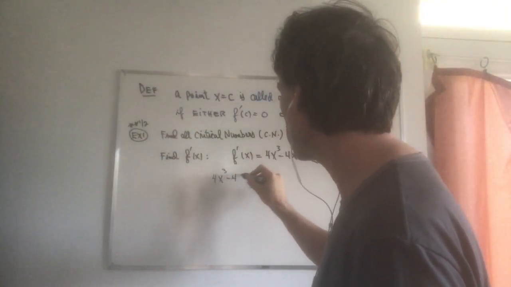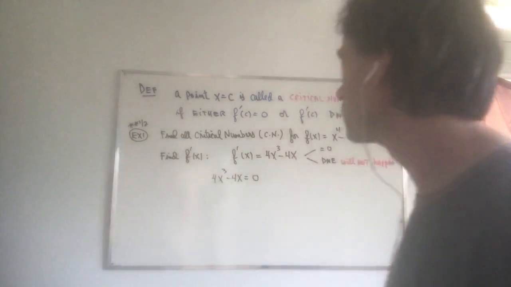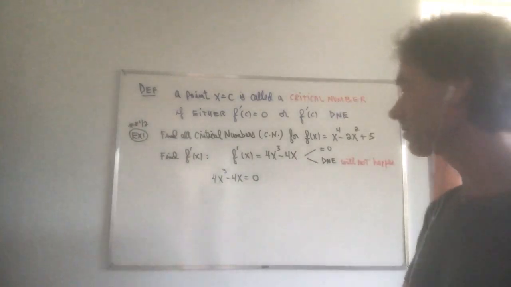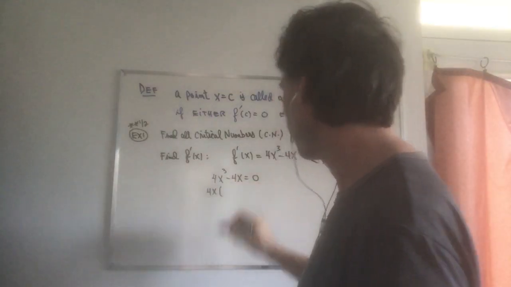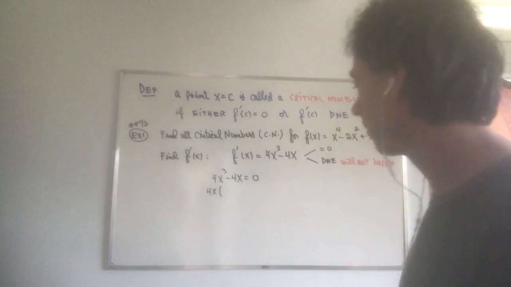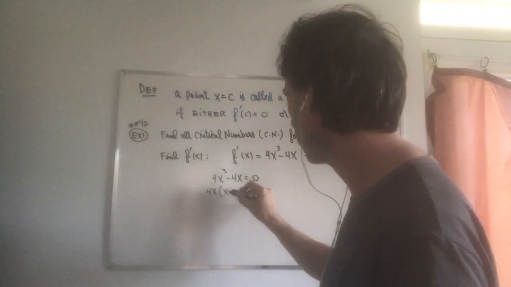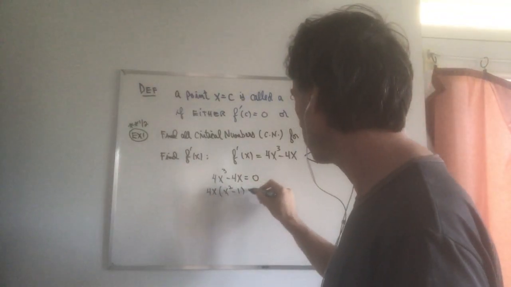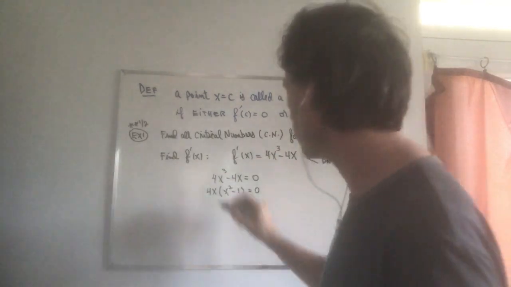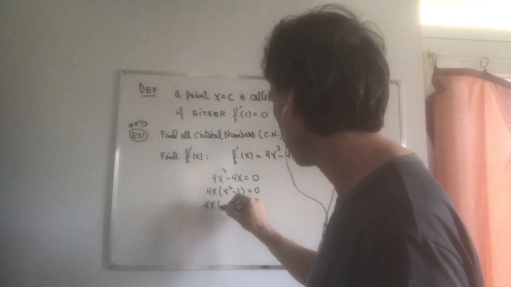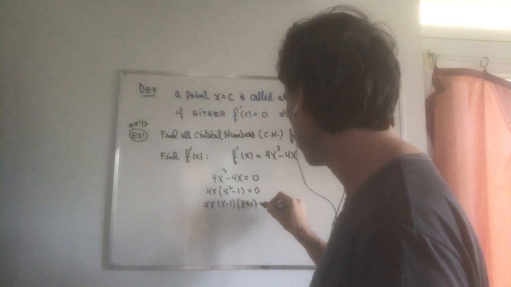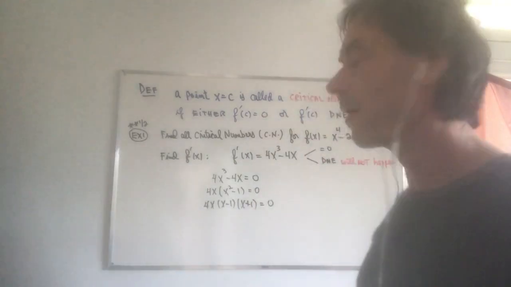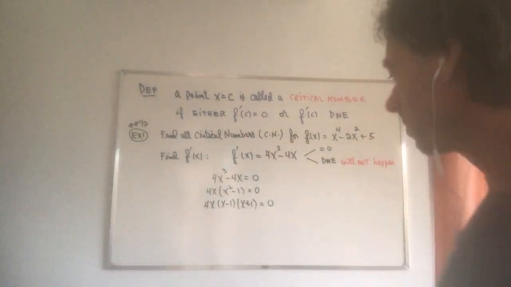So 4x cubed minus 4x equals 0. How do we solve this? Take out a 4x since it's common to both: x squared minus 1. Difference of two squares: x minus 1, x plus 1. See, your skills at factoring are put to good use in this chapter.